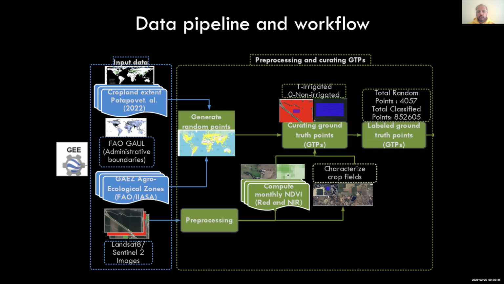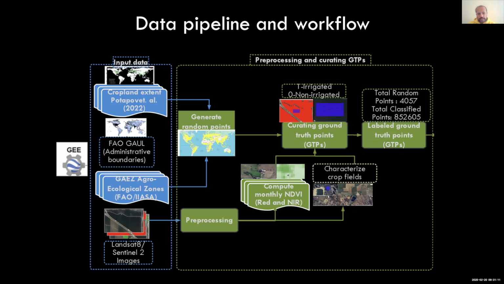There is also a global agroecological zone map based on climate and other variables. It classifies the global area into 33 agroecological zones. That data comes from the FAO and IIASA, a combined effort led by the FAO, and it is provided through the GAEZ data portal.